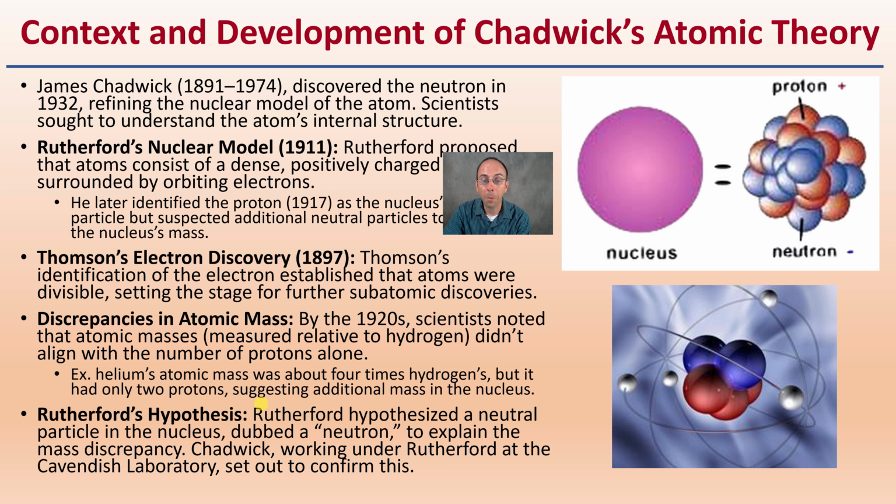And then Rutherford hypothesized a neutral particle, dubbed it a neutron, to explain the mass discrepancy. And Chadwick, working under Rutherford at the Cavendish Laboratory, set out to confirm this. So again, further proving these scientists were working together to develop these different ideas and concepts and refine one another's atomic theory. All right, so let's get into the discovery of that neutron.